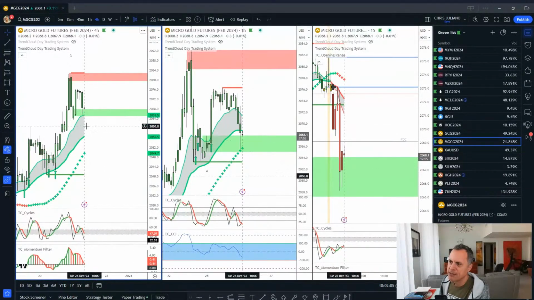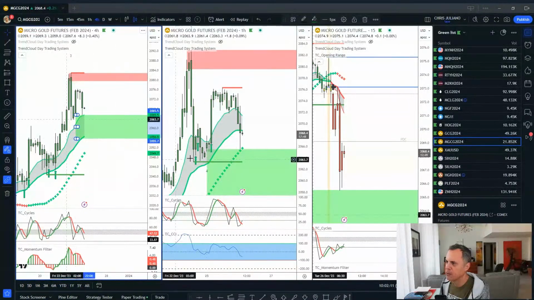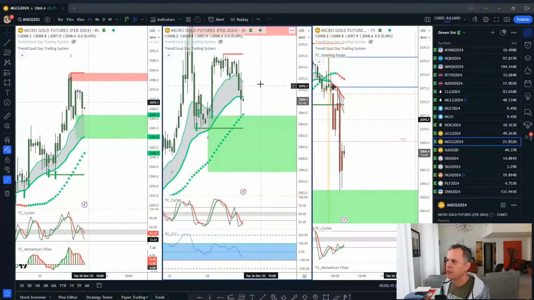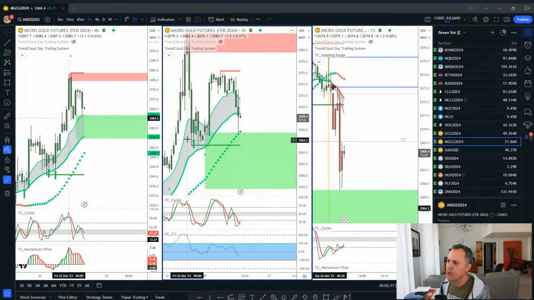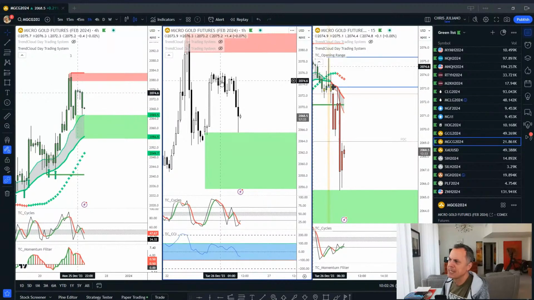We're pulling back down into the trend cloud, right? High time frame trend cloud right here. And what do we got in there? Well, we've got this. We do have some structure here. Rally base rally, but we didn't break anything, right?